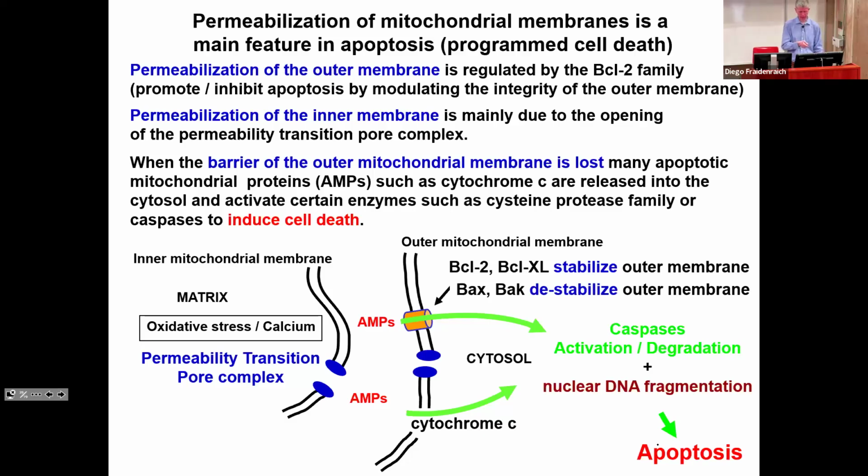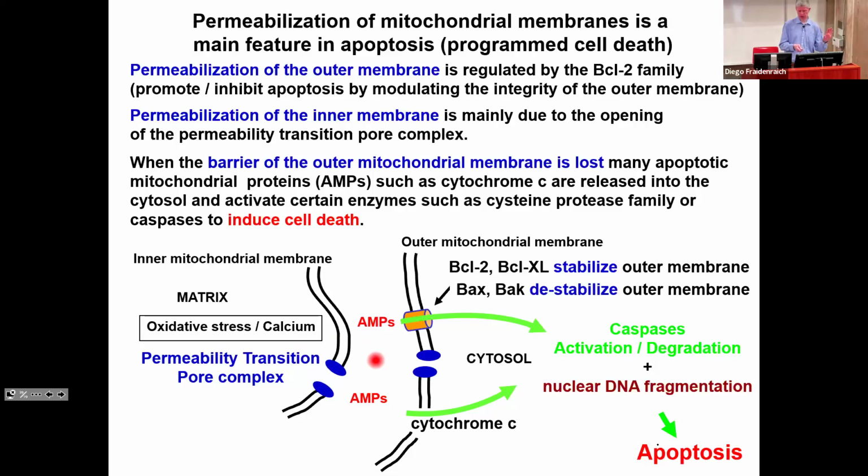So one example would be cytochrome C. You remember it's present in the intermembrane space, attached to the inner membrane. It's an important part of respiration.